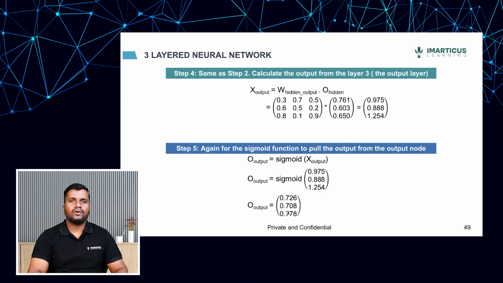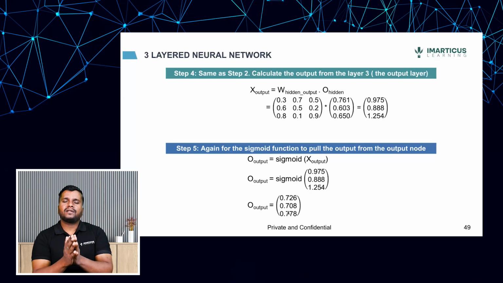So if we talk about all three layers, what is each layer doing? It is taking some random weights, multiplying those weights with the input value, and once the output is received for each neuron, this output is passed on to the next layer, where this next layer will also have random weights.